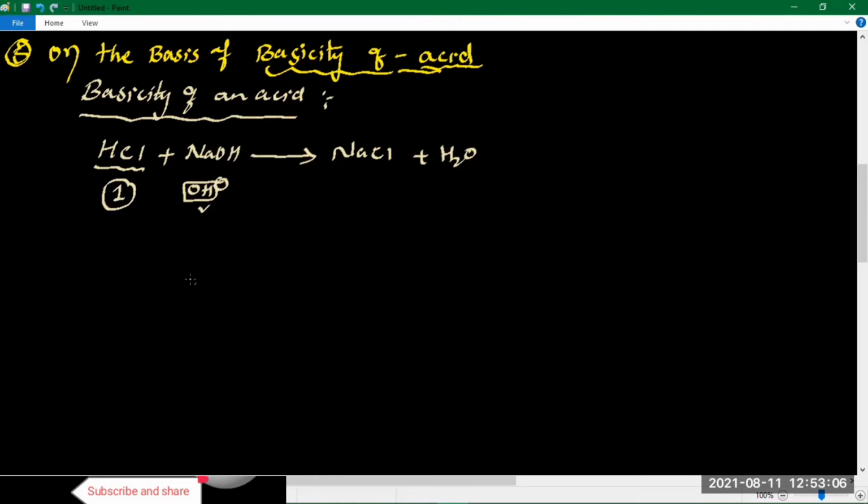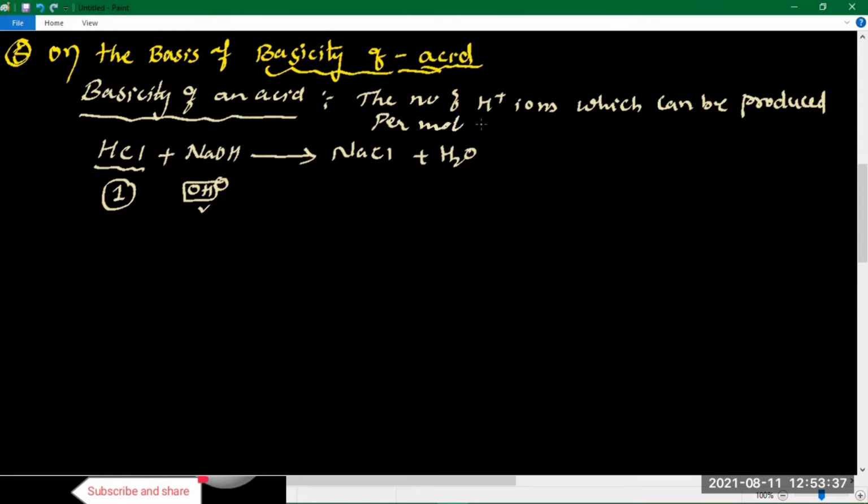This is the meaning. Otherwise, you can also define the basicity of an acid as the number of hydrogen ions which can be produced per molecule of an acid. For example, here you can see one molecule produces only one H plus ion and Cl minus ion.